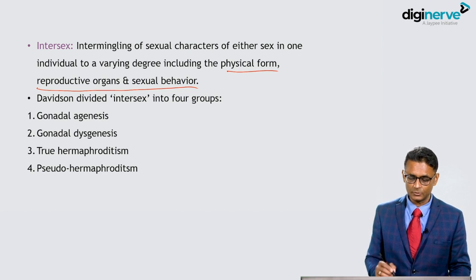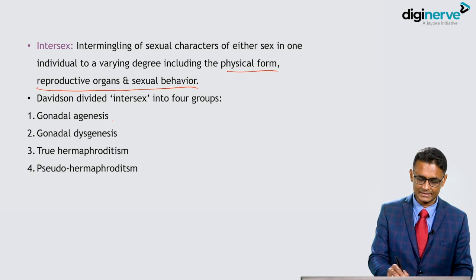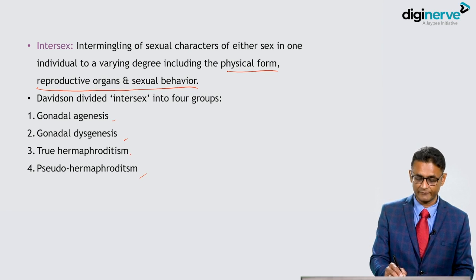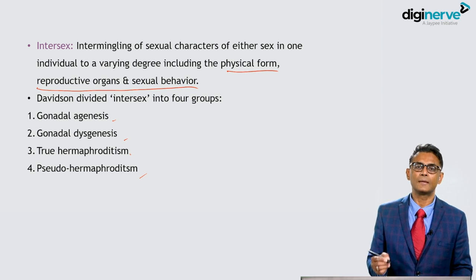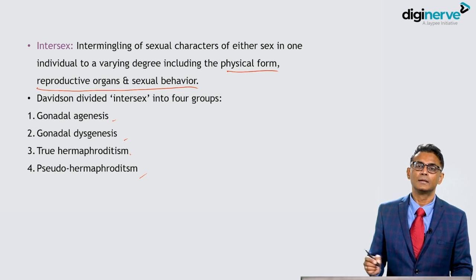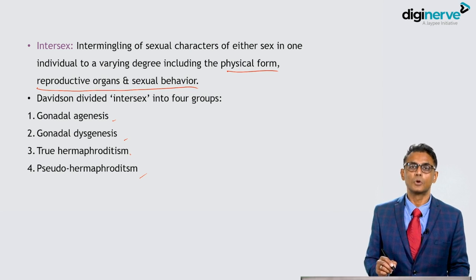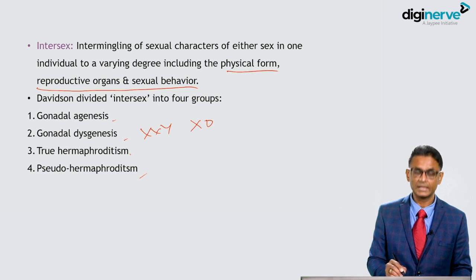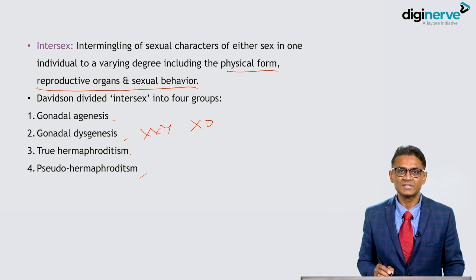Davidson divided intersex into 4 types: gonadal agenesis, gonadal dysgenesis, true hermaphroditism and pseudo-hermaphroditism. Agenesis means there is no development of any gonads, no testes, no ovaries. Dysgenesis, development is there but they are not functional at the time of puberty, and the most common examples are Klinefelter syndrome and Turner syndrome because of some abnormalities in the chromosome. So Klinefelter XXY and Turner's XO are examples of gonadal dysgenesis.